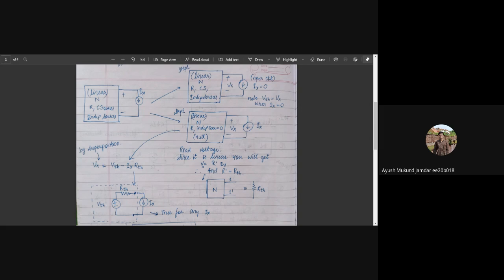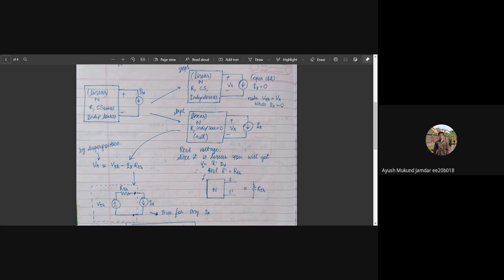We measure the potential difference and the current Ix flowing through it. Since the components are linear, we are bound to get a relation, something like Vx is R dash times Ix, where R dash has dimensions of a resistor, and we call R dash RTH.